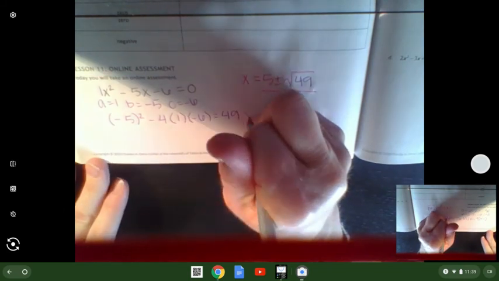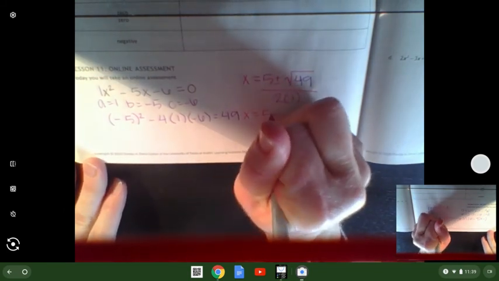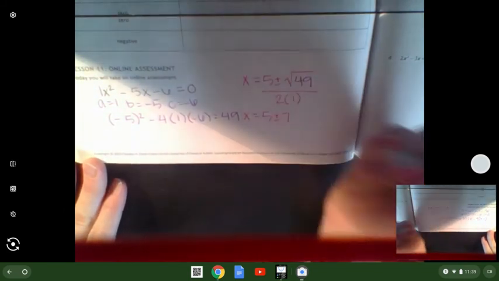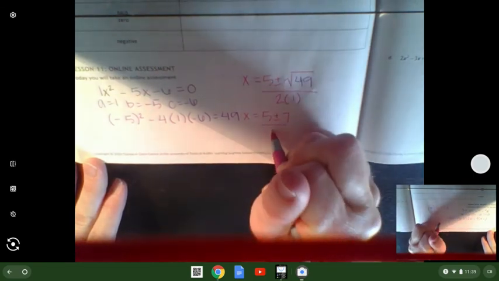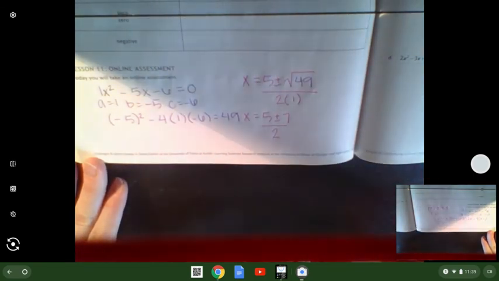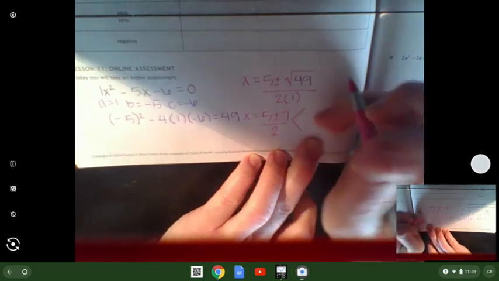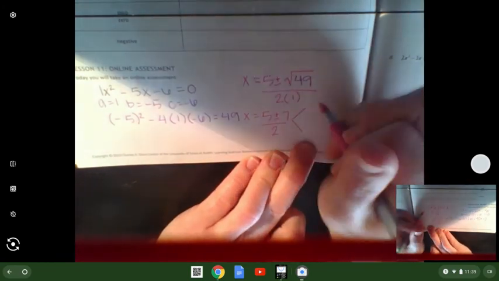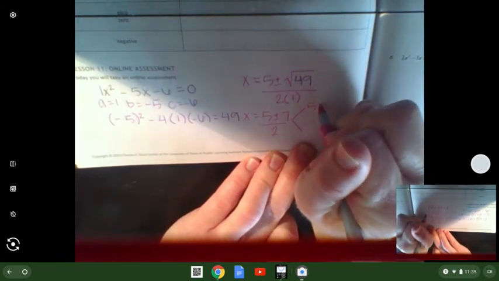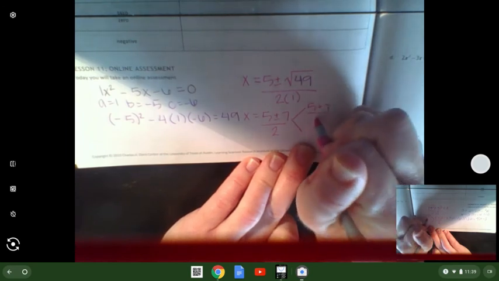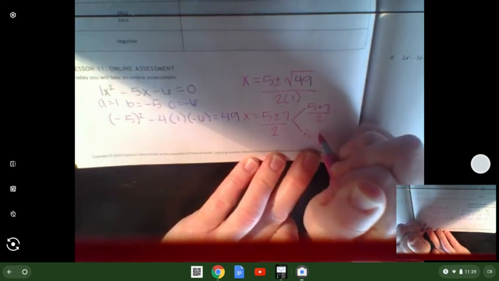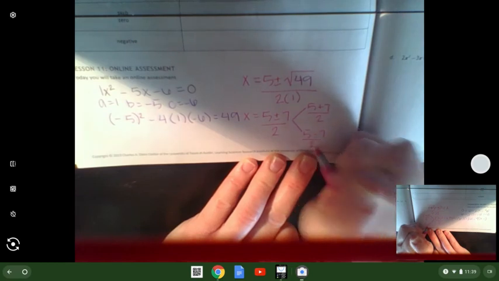Now we're going to simplify. The square root of 49 is 7, and 2 times 1 is 2. Now I have to split this into 2 different problems because I can't add and subtract at the same time. So we have 5 plus 7 divided by 2, and we have 5 minus 7 divided by 2.